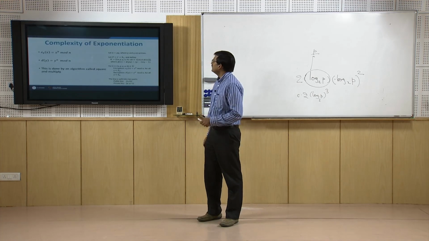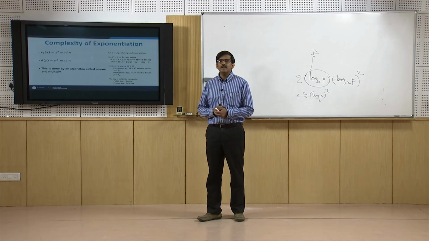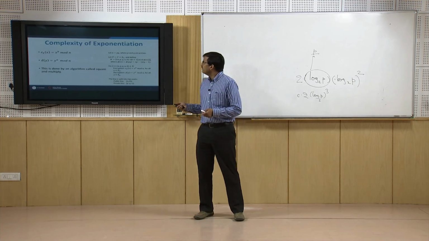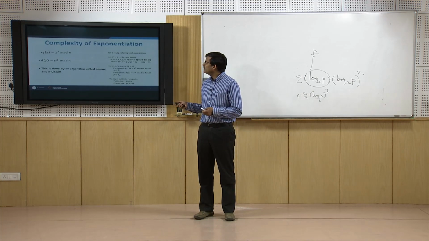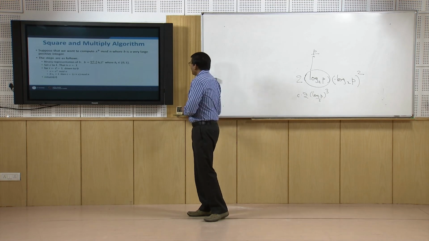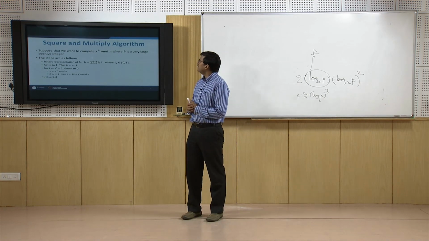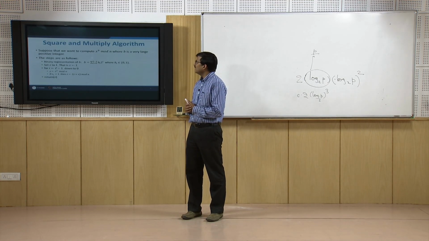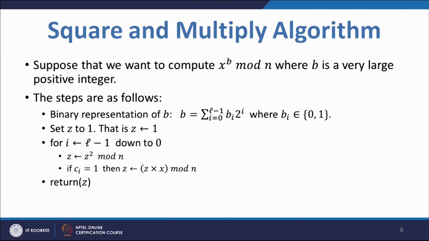So, now we come to the complexity of exponentiation. We have to compute ek and dk, both are exponents. For that, we have another algorithm which is called the square and multiply algorithm.